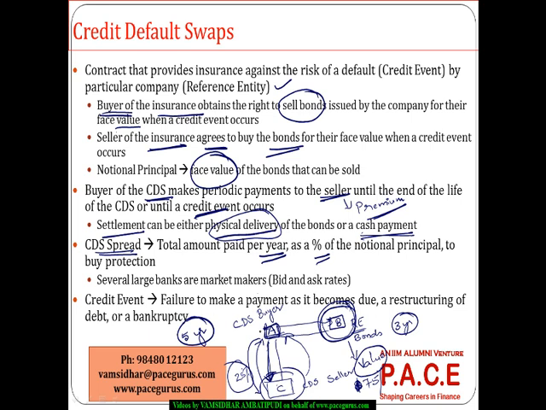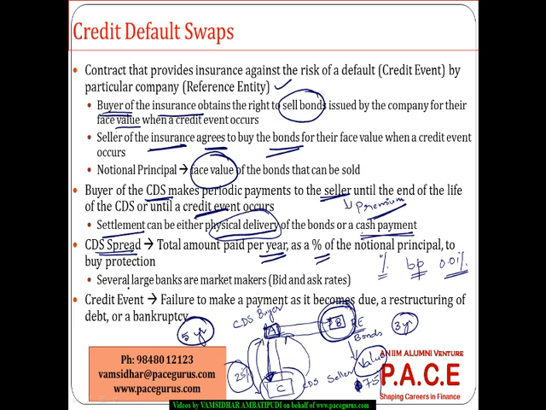That is what we call the spread. Sometimes we write it as a percentage, and sometimes in basis points, because a basis point is nothing but 0.01%. 1 basis point is 0.01%. So I can talk either in terms of basis points or as a percentage of the notional principal.